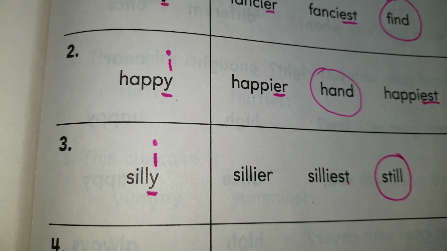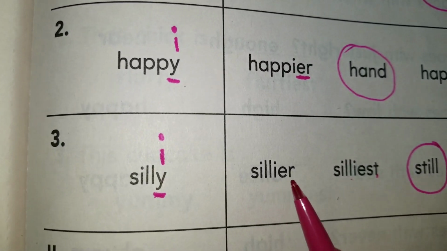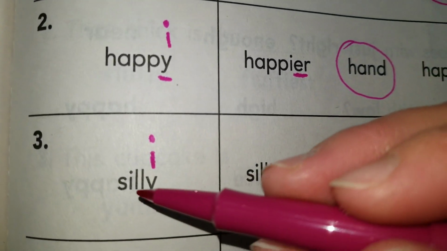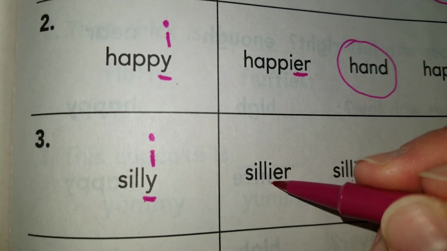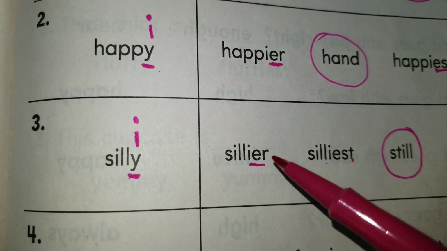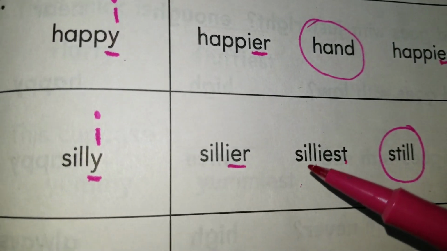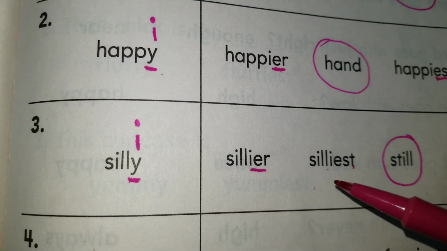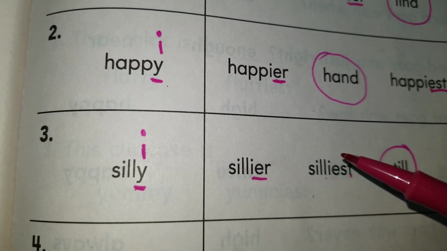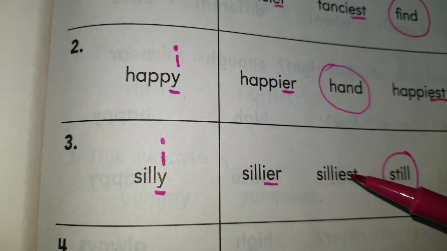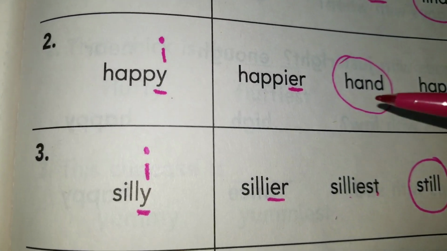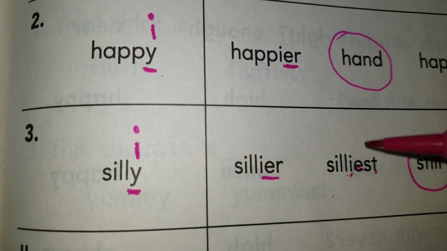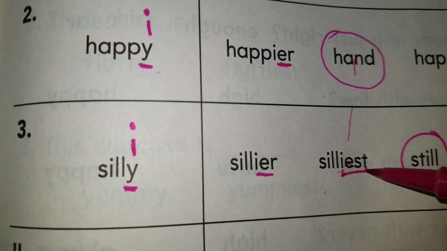Still, it's not an adjective. Sillier, they replaced the Y with the I and added ER. We're comparing here two things. Silliest. We are comparing more than one, two or more. They replaced the Y with the I, and added EST.